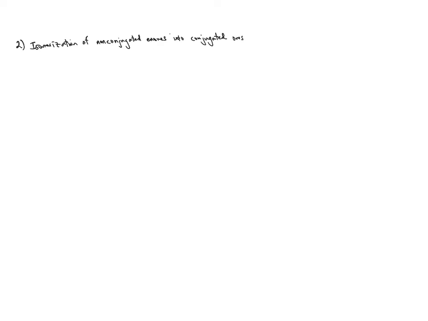Okay, so let's say we have the following molecule. And let's say we throw this into acidic conditions. What we're going to do is we're going to equilibrate this, or isomerize this, into a different structure.